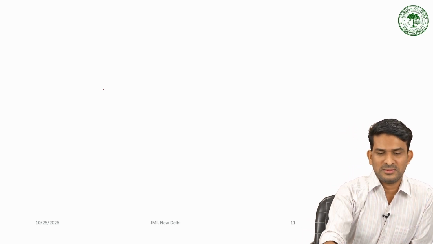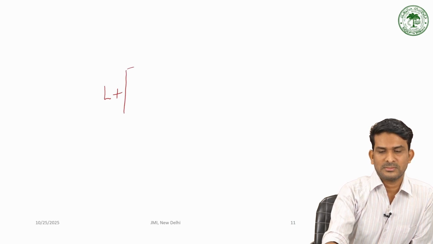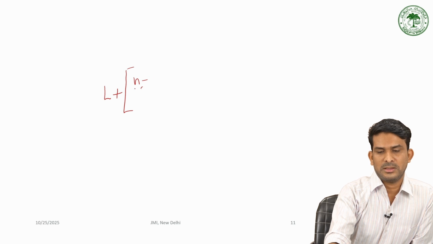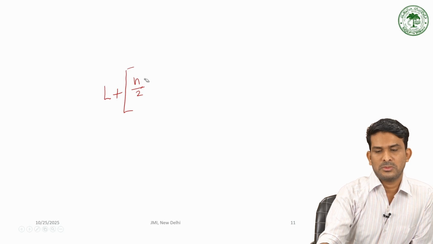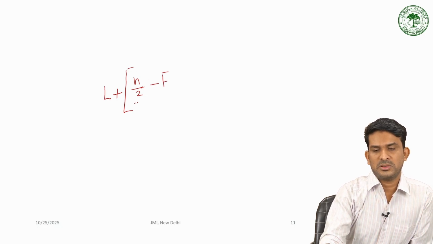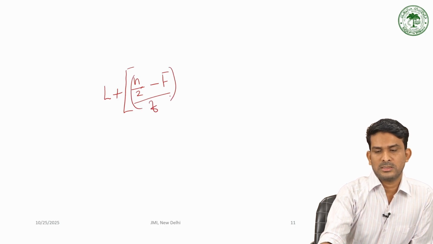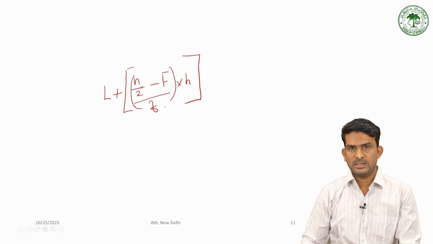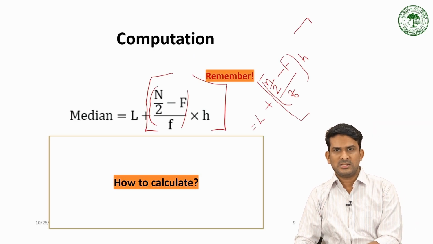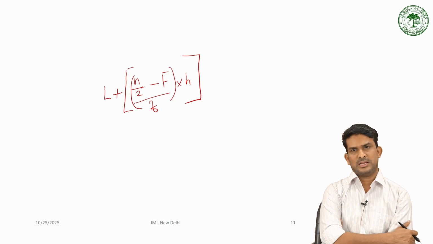So what is the median? L plus N by 2 minus cumulative frequency upon the frequency and into H. See, this is the way I've written it again.